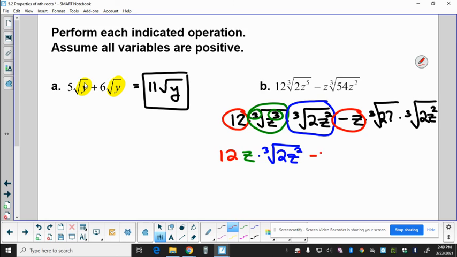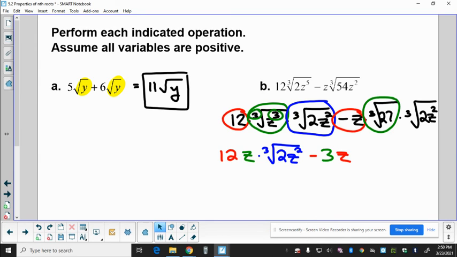Minus z. This right here, I know what the cube root of 27 is. It's 3. So I guess what I can do is move this over a little bit and make this a 3z.